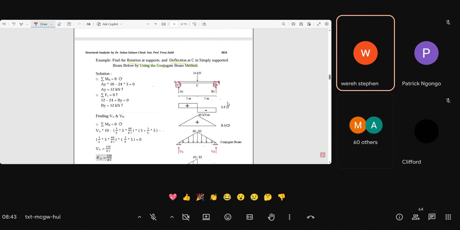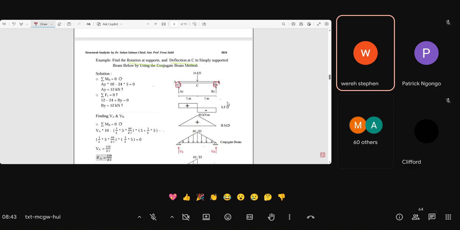In most cases, a rectangular section is B times D cubed divided by 12. Sometimes EI is constant. You can be asked to leave your answer in terms of EI, or you can be given the value of EI. In that case, you just divide 60 by that value. So in this case, it will not matter so much. You are either going to be given it or it remains EI as a constant.